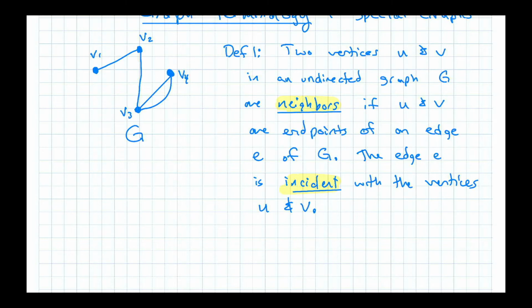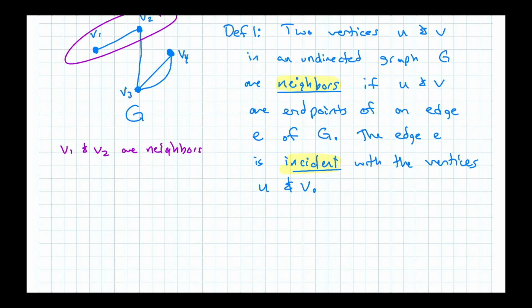So on this graph right here, you could say that V1 and V2 are neighbors, right? Why? Because there's an edge connecting V1 and V2. We could also say, if I labeled the edges E1, E2, E3, E4, that E1 is incident with V3 and V4.